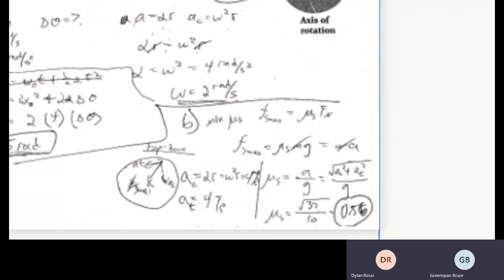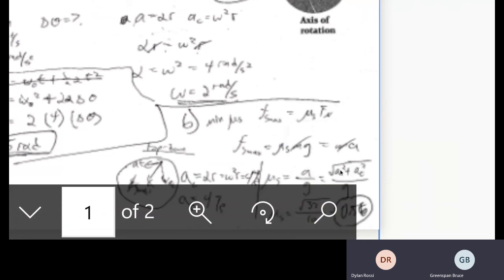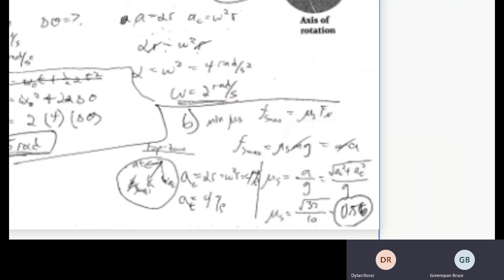But the frictional force is the only horizontal force on this whole thing, so it has to be causing the entire acceleration, not just pieces of it. So when I plug in for A, it has to be this whole square root of AC squared plus AT squared thing. And that gets that value.